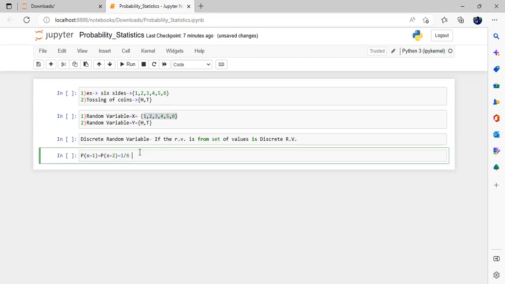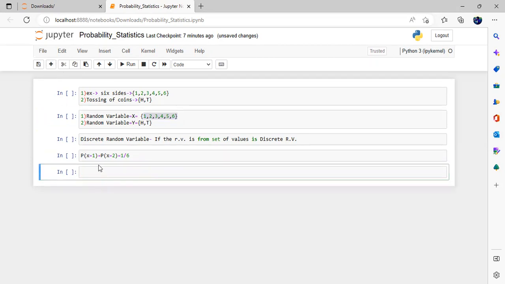If you want to find the probability of an even number, meaning x is even, then your probability is 1 by 2.